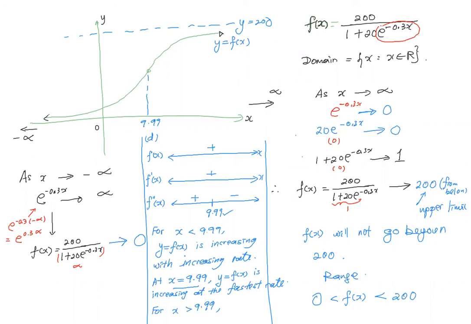For x greater than 9.99, y equals f(x) is increasing at a slower rate. We don't use at the slower rate. In maths, you cannot use the language that you like. People don't understand that.